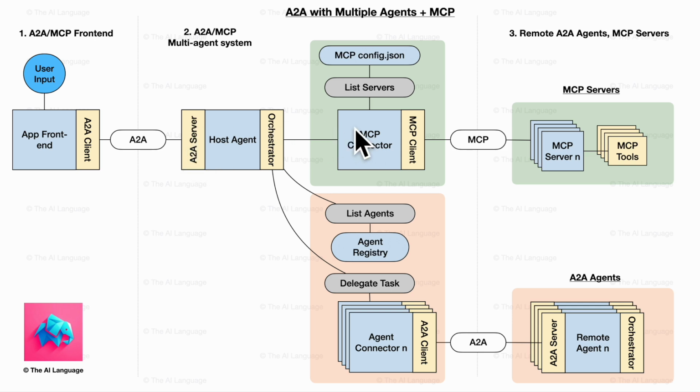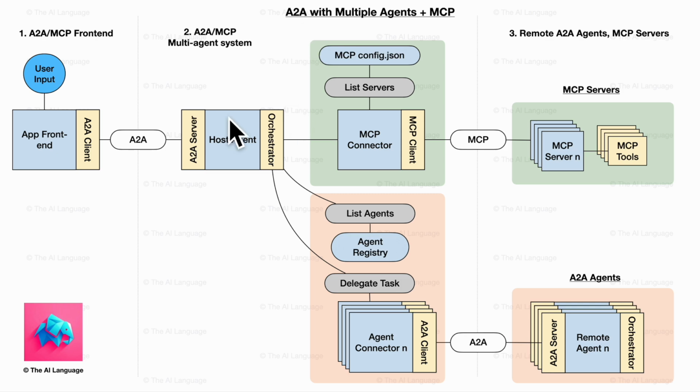So it might use the green branch to call MCP tools and get the response, or it might use the red branch to delegate a task to a remote agent and get the response back. It might use both of them, and then it basically collects the responses, stitches them together if needed, and then returns the final answer. The user basically sees the final answer and they don't see the entire complexity which happens on the backend.